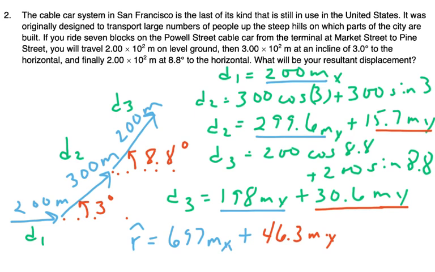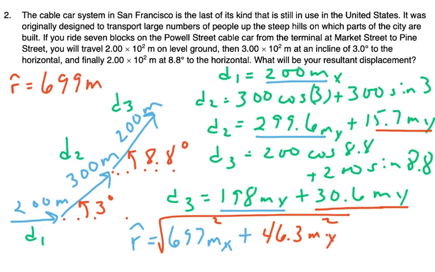If you want to find the magnitude, I'll put it up here. You're going to square both of these and then take the square root. And that will give you a value of 699 meters total. And then if you want to find the angle, remember the angle is going to be inverse tangent of your y component.